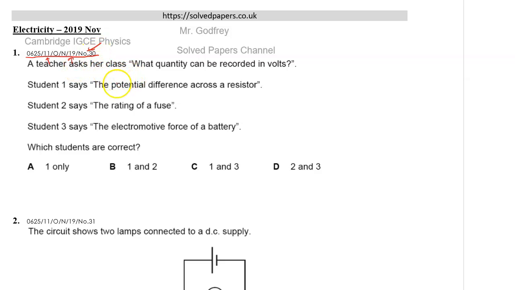So question number 1, a teacher asks a class, what quantity can be recorded in volts? Of course, I know the majority of us know what quantity has the units of volts. Student 1 says the potential difference across a resistor. I think that is correct.